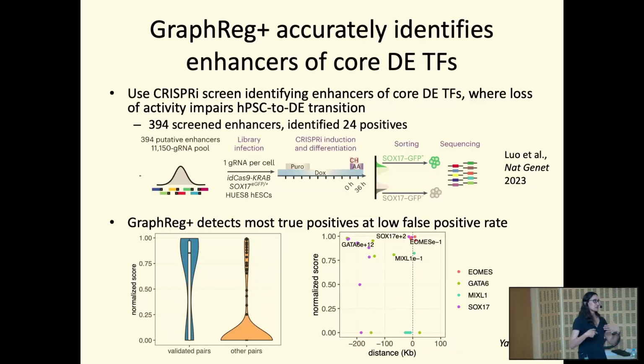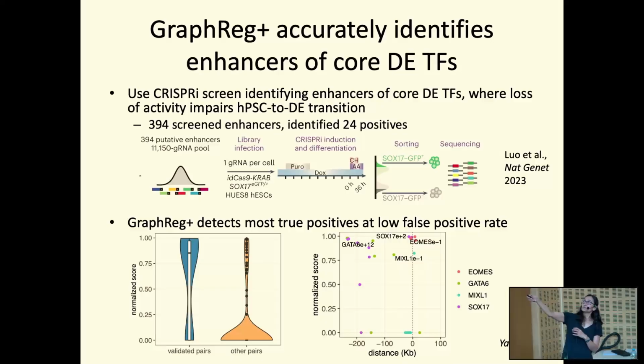So just to be a bit more quantitative, how well is this working? We need a bunch of validated enhancers and non-enhancers to assess. And there's a nice screen from our collaborators, all this work was done in collaboration with Danwei Huangfu at Sloan Kettering, and she has these beautiful screens she can do. So the idea is that you do differentiation, okay?